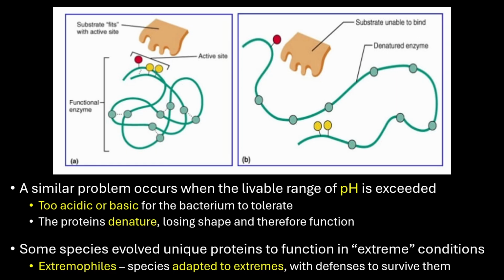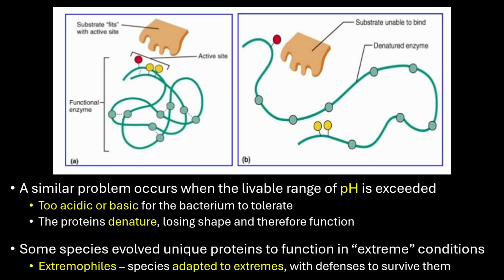Well, those species can survive there in part because they've evolved their proteins to be very tolerant to those specific extremes. So if they live in these high acid conditions, for example, their proteins are constructed in a way that they can tolerate these more acidic environments, that they don't denature under those conditions.